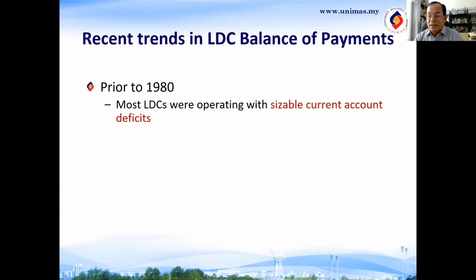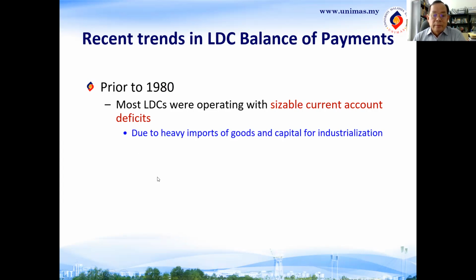Current account deficits disebabkan oleh memang masalah untuk mengekspor ya barangan ataupun servis perkhidmatan kepada negara luar. Yeah. So deficits in terms of the current account before the 1980s.